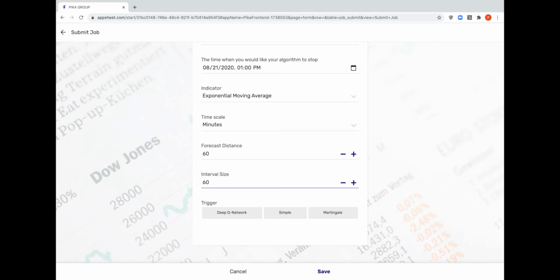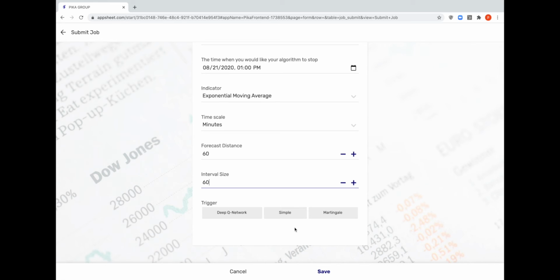And at the end, you're going to be asked for the trigger that you would like to use. For now, there are 3 triggers, and this is the section where you're going to see your additional triggers, which are only directed to you as a user, and no one else will be able to see them. The ones that are listed here are the ones that are publicly available. For example, the DeepQ network is an RL trigger, and it defines its own strategy based on the fluctuations within the forecast that is provided to it.